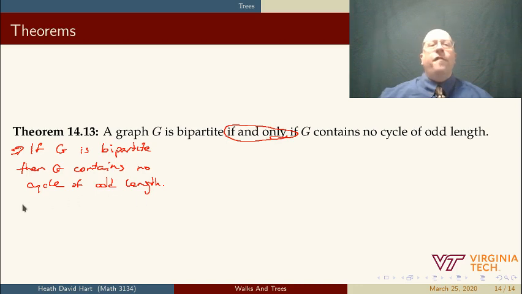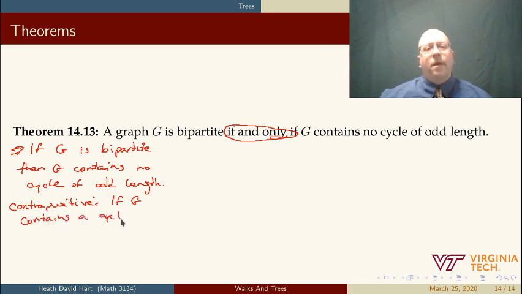We're going to prove this by contrapositive. And the contrapositive is if G does contain a cycle of odd length, then G is not bipartite.